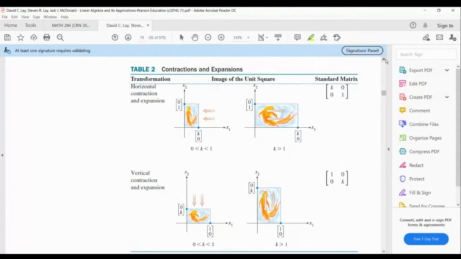But look here. Let's see if now maybe this makes a little more sense to you. Contractions and expansions. So what would a standard matrix be to contract or expand? Well, let's say that you wanted to expand or contract your fish horizontally. Well, that means that the unit vector 1, 0 becomes K, 0.